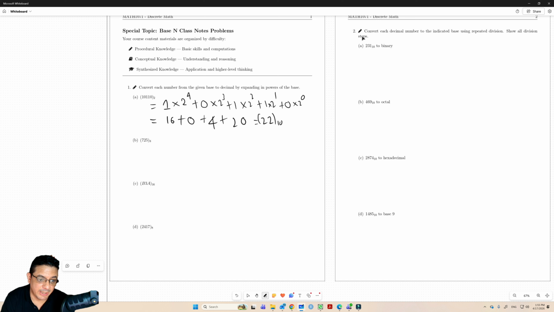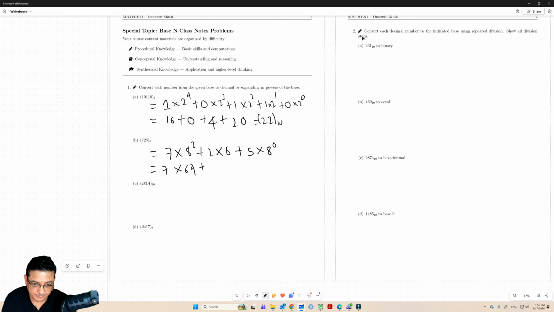Similar here, we have 725 base 8. So this will be 7 times 8 to the 2 plus 2 times 8 to the 1 plus 5 times 8 to the 0. So this is going to be 7 times 8 squared, which is 64.